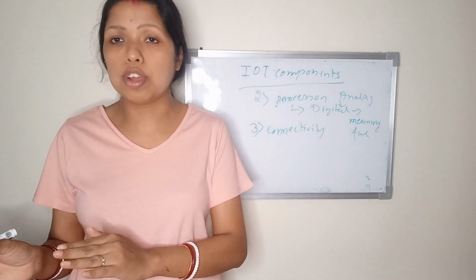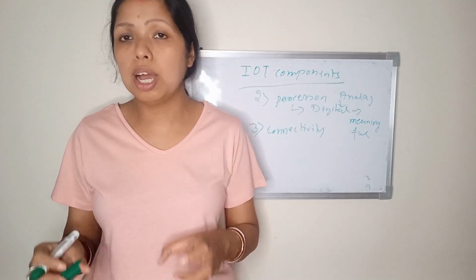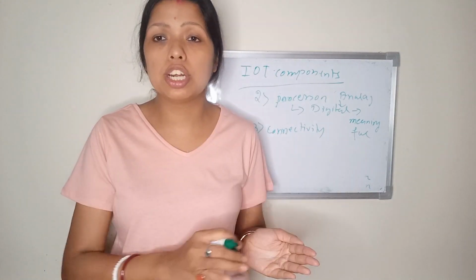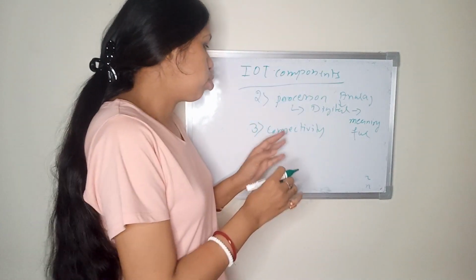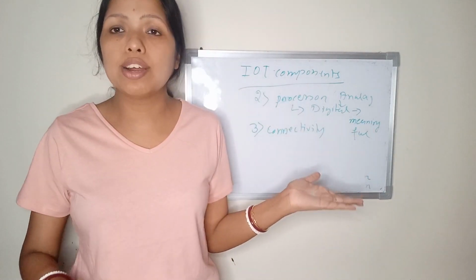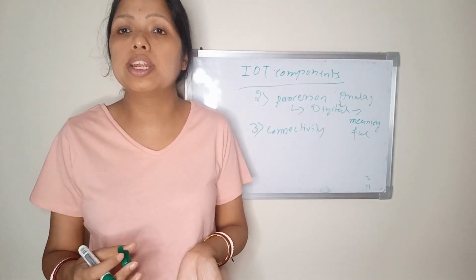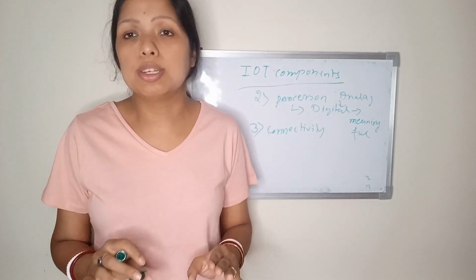In the computer there is software. So there should be a medium for transferring that processor data to the cloud. What medium is required? Now connectivity will come. When you want to transfer the processor data to the computer for our visibility, one medium is required, that is the connectivity.